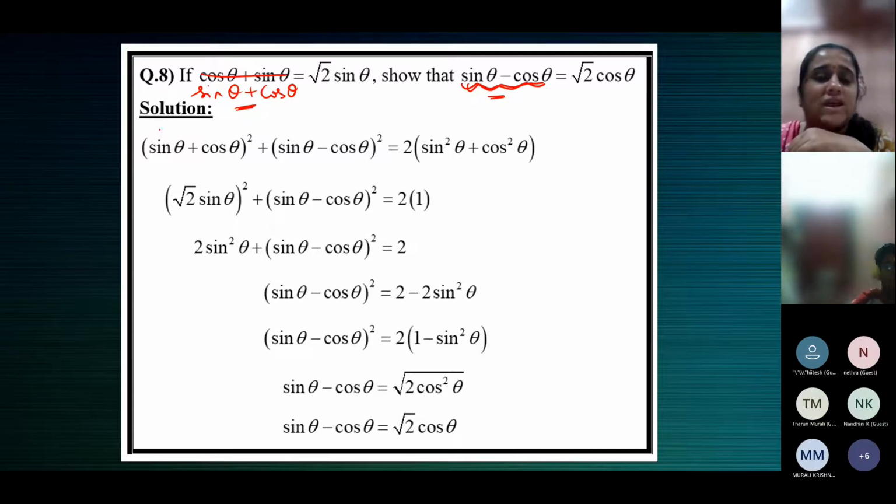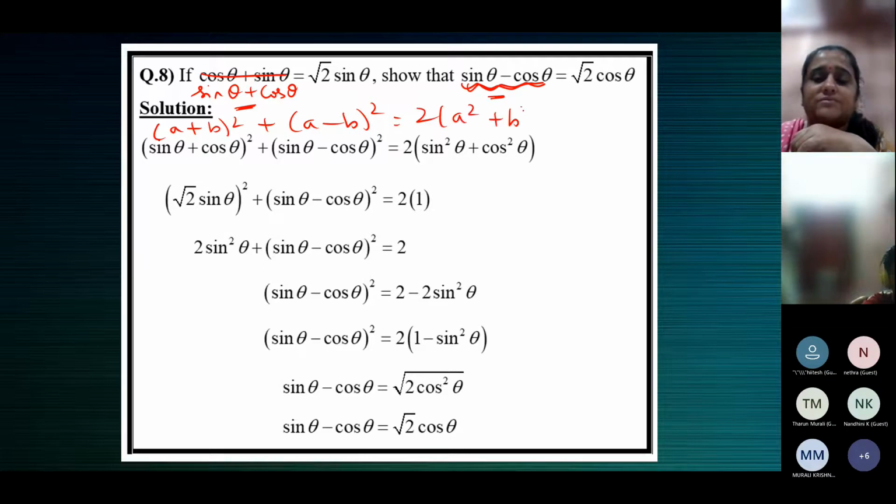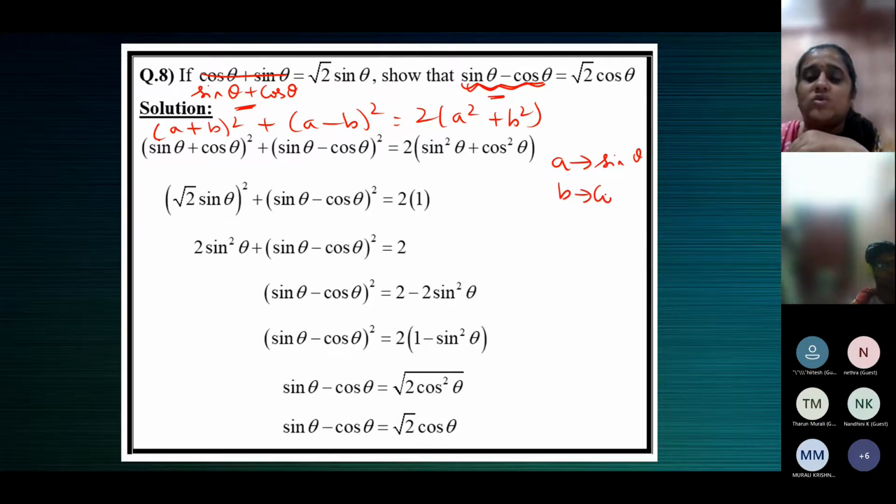So I said make use of the identity a plus b the whole square plus a minus b the whole square is equal to 2 of a square plus b square. Now, for a, use sin theta, and for b, use cos theta, and rewrite this identity.